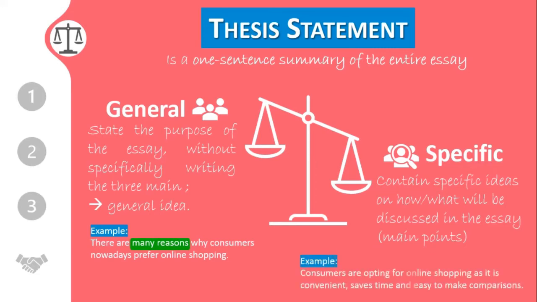For example, consumers are opting for online shopping as it is convenient, saves time, and easy to make comparisons. Now, in this sample, the three main ideas are clearly indicated: convenient, saves time, and easy to make comparisons.